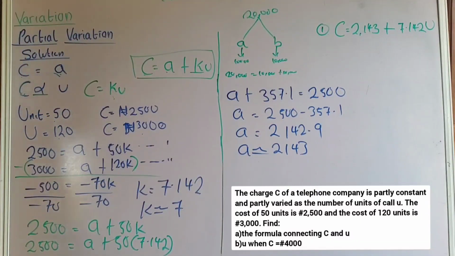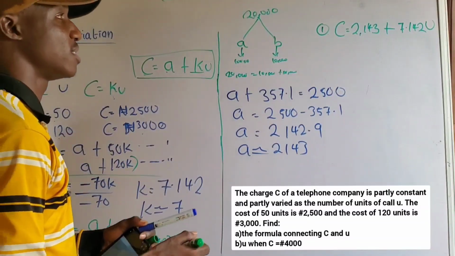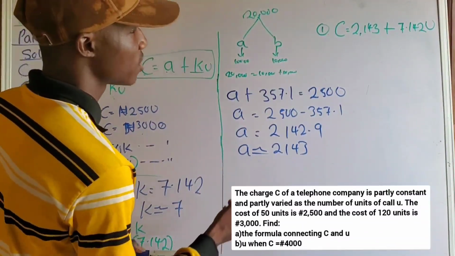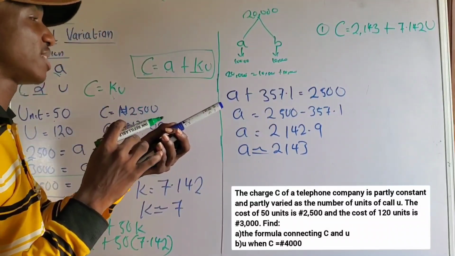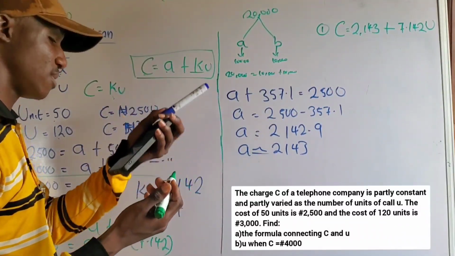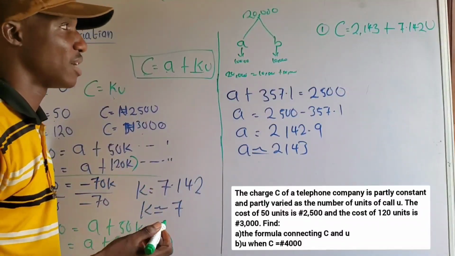Now, having gotten the formula connecting C and U, we can proceed to the second question. In the second question, we are asked to find the value of U when C is 4,000 naira. Since we know the formula connecting C and U, just substitute the value of C as 4,000, then calculate the value of U. That's what I'm going to do now.